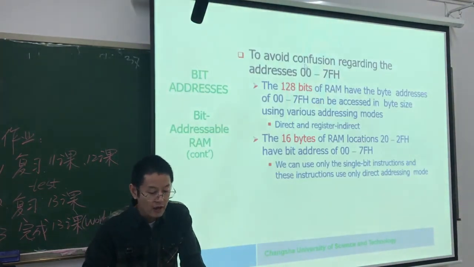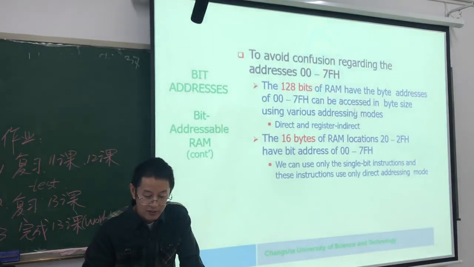To avoid confusion regarding the addresses 00 to 7FH, the 128 bits of RAM have the byte addresses 20 to 2FH, which can be accessed in byte size using various addressing modes, direct and register indirect.